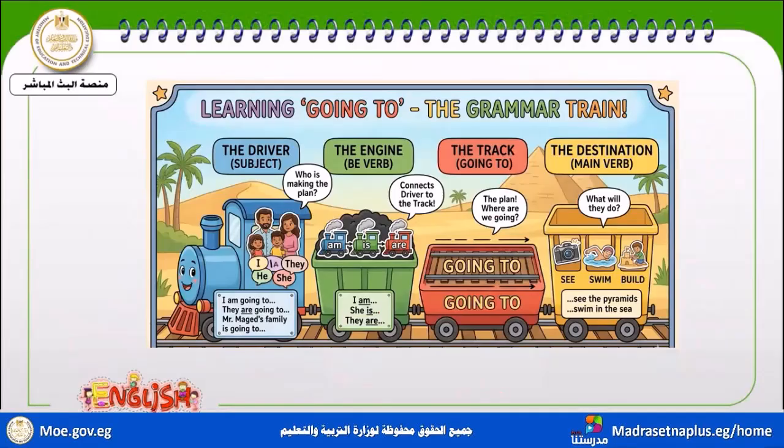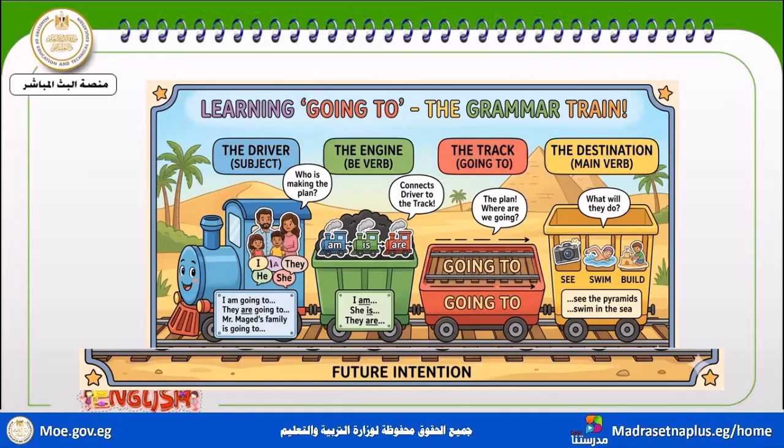I'd like you to look at this sentence. Mr. Megid and his family have made a plan. A plan is a list of things they will do when they come. They are making a plan. They are arranging things that will happen in the future. And that's why they used going to.